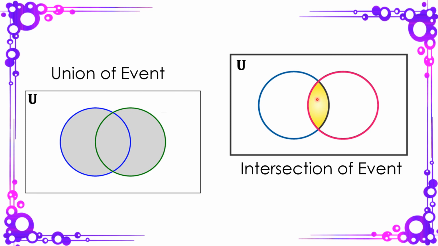You see here the color yellow to indicate the intersection of events, and it is the common outcome for the two events. So I hope that you learned about the union and intersection of events.